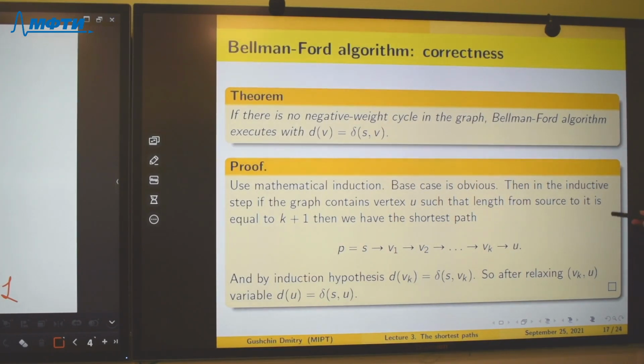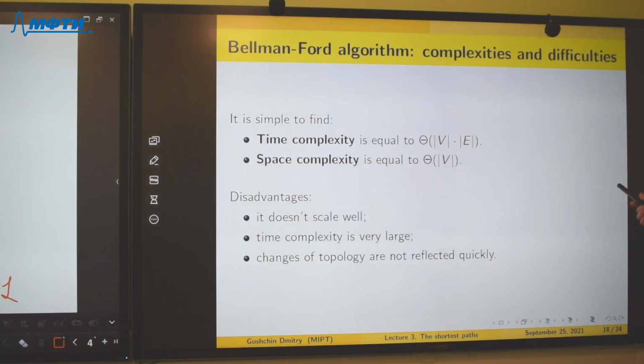So, about complexities. Firstly, we repeat the relaxation operation for each edge, and we do it number of vertices minus 1 times. So we get these asymptotic times for our operations.